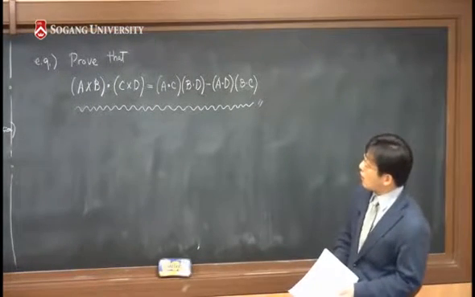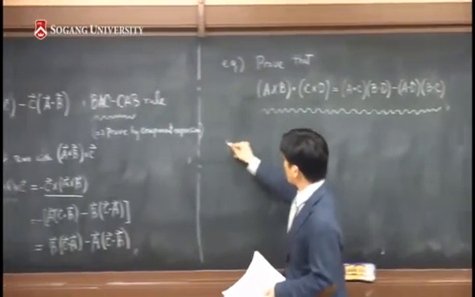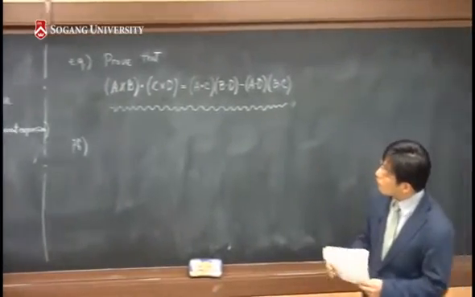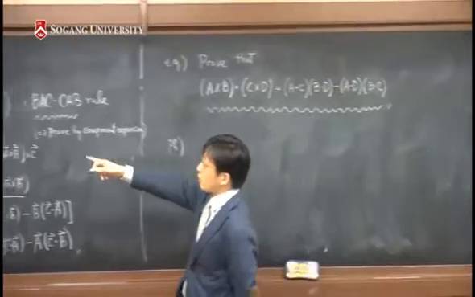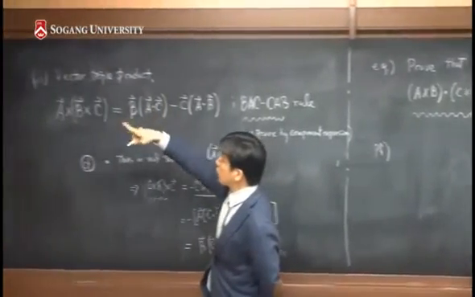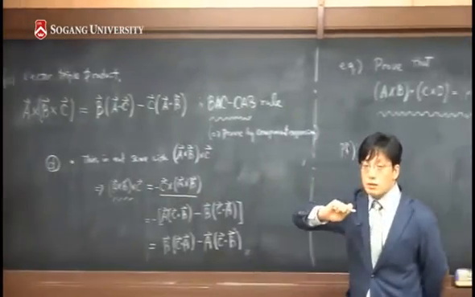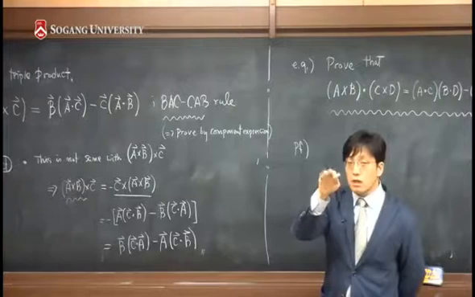let's see how we can prove this one. Okay? You can think about it for a while. If you remember the previous formula, then this was the scalar triple product, where you multiply a vector dot product with the cross product of two vectors.